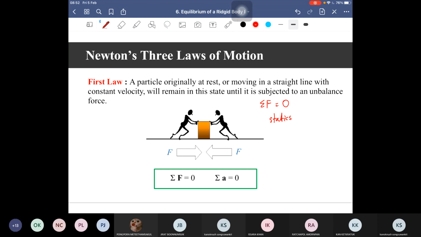Not only sigma F equal to 0, the object must stay at its place, so sigma v of velocity must be equal to 0 too. Or the object is not moving. Okay, stay at its place. So we have both sigma F equal to ma, sigma a equal to 0, and sigma v equal to 0.